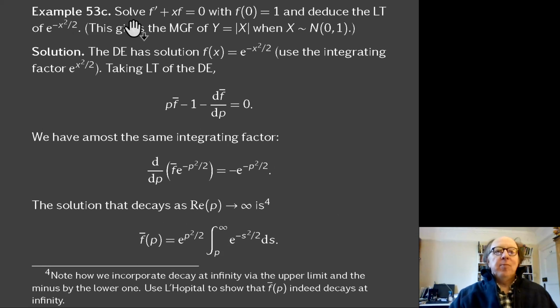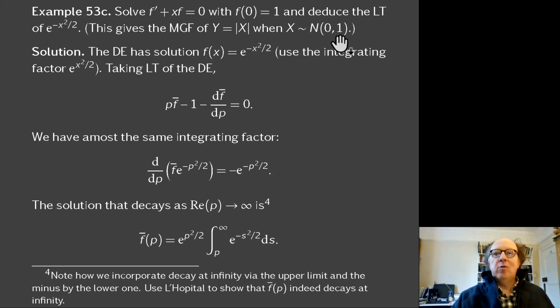Here's another example. Solve f prime plus xf equals 0 with f of 0 equals 1. That's an easy problem. And deduce the Laplace transform of e to the minus x squared over 2. And that will tell you the moment generating function of the modulus, mod x, of a standard normal.